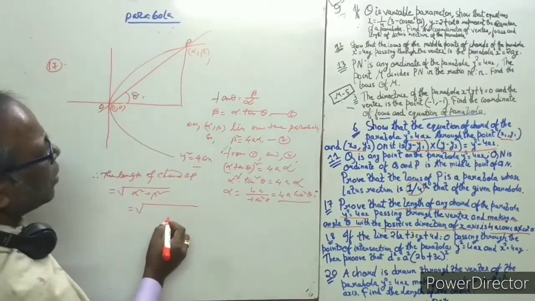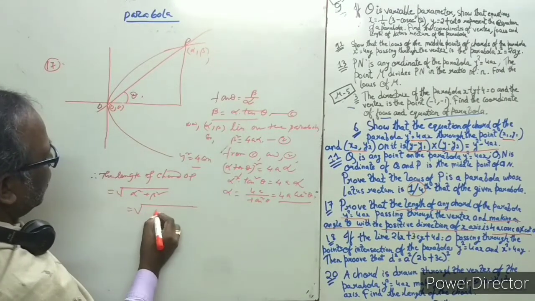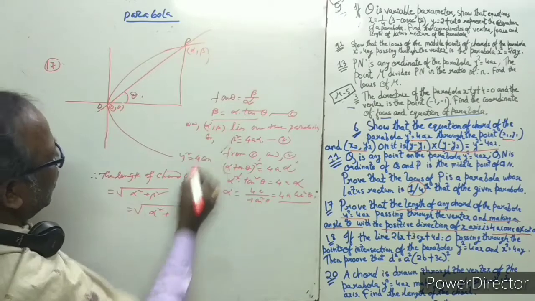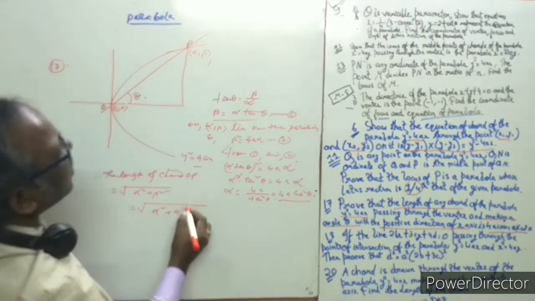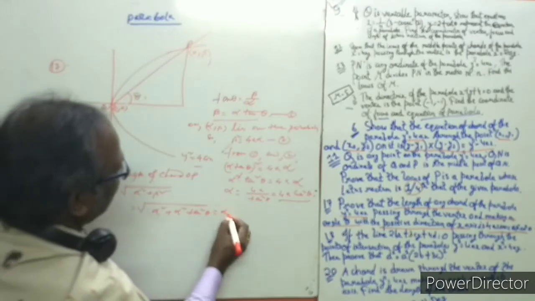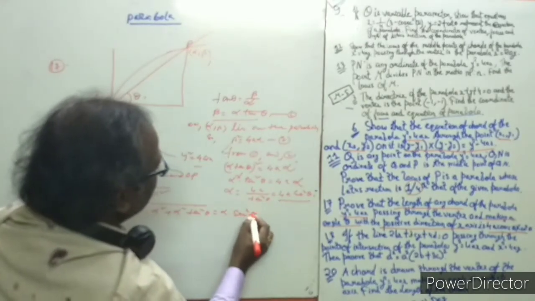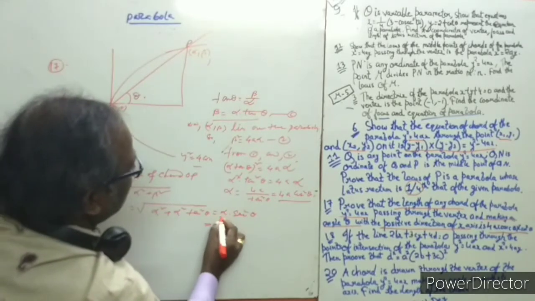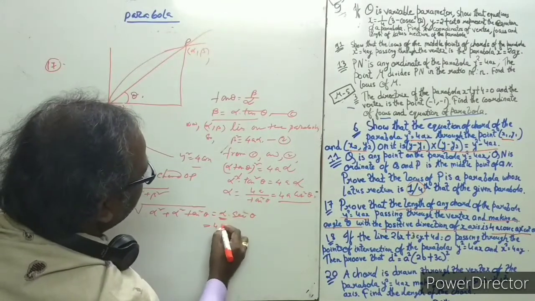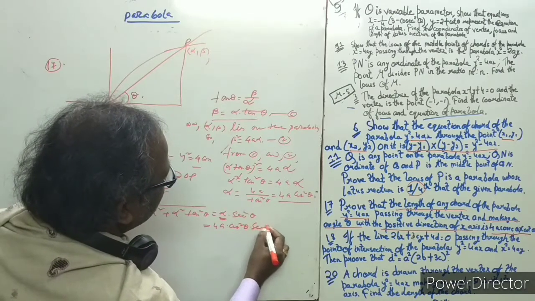Okay, we can write here alpha square plus beta square, that is alpha square plus alpha square tan square theta. So take a common alpha square, 1 plus tan square theta, this is sec square theta, so alpha sec theta. And alpha is 4a cot square theta, so 4a cot square theta sec theta.